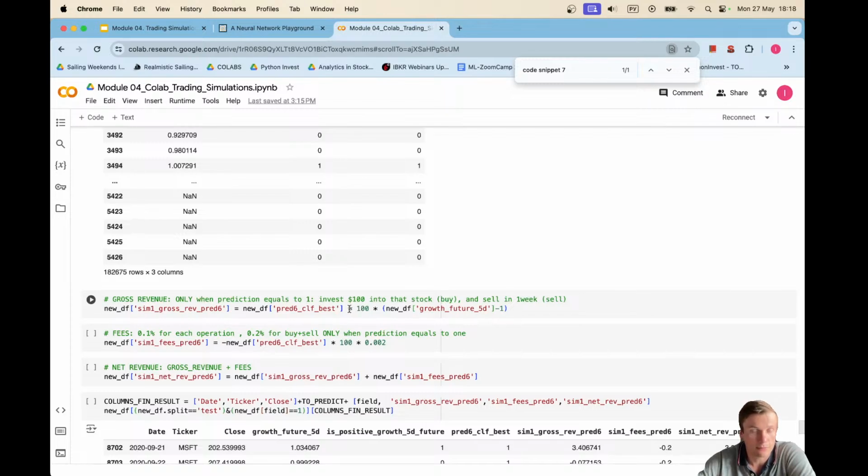So if you multiply a vector of 0s or 1s by any scalar number, say $100, you will have the resultant vector of hundreds or zeros. And then this vector of hundreds and zeros you multiply by the actual growth.